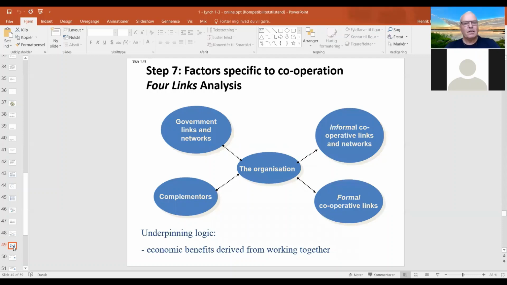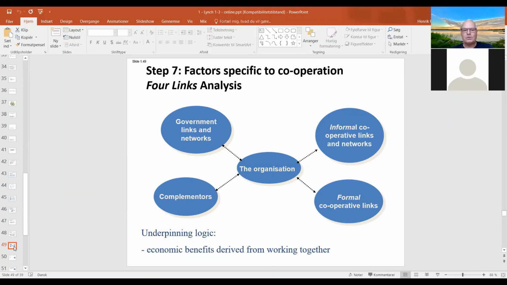Okay. Then we get to steps number 7, 8, and 9, which I'm not going to talk a lot about, just slightly touch upon. We have those factors specific for cooperation, which is Lynch's own idea about 4 links analysis.